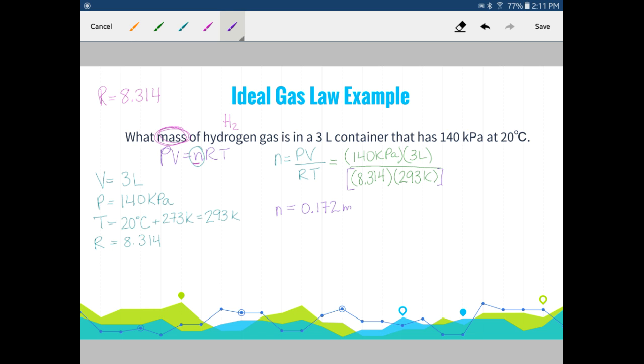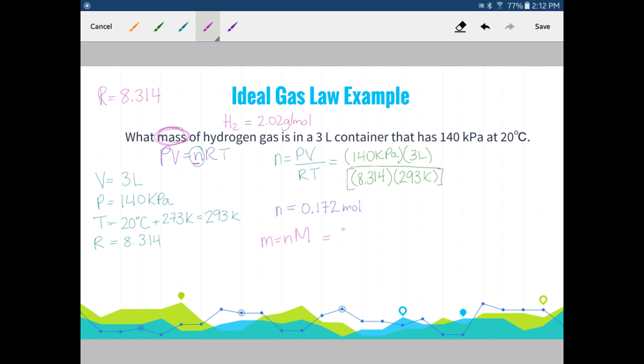0.172 moles. Now because we're looking for mass, we have one more calculation to do. Mass is equal to moles times molar mass. And again, our molar mass of hydrogen gas is 2.02 grams per mole because we have 2 moles of it.